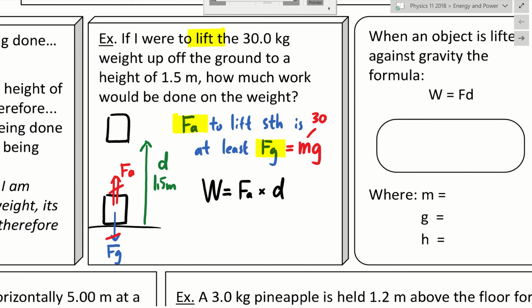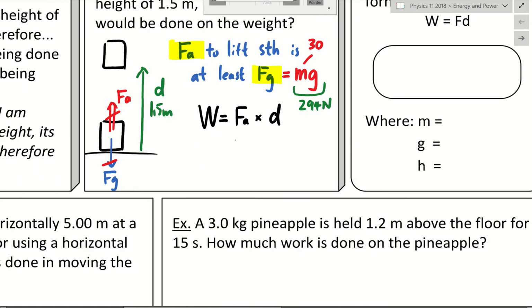Its weight is going to be 294 newtons. So how strong should your applied force be? At least 294 newtons or more. So let's say we have the minimum amount, which is 294 newtons. And how much did it move? 1.5 meters. So force times distance gives you 441 joules.